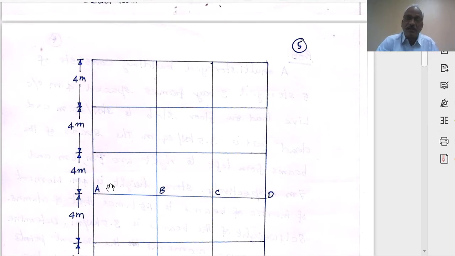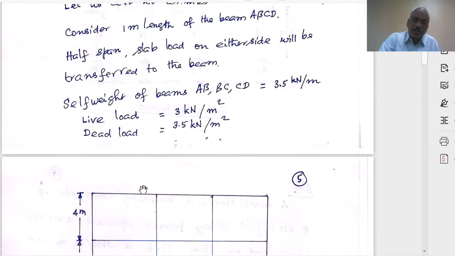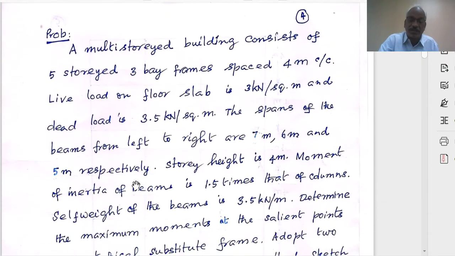Why I am repeating this point: suppose you want to analyze the beam AB, in some intermediate panel. 2 meters on this side, that is half of 4, and 2 meters on that side, that is half of 4, of the slab will transfer the load to one beam AB. Now coming back to the problem, because we have not completed it.